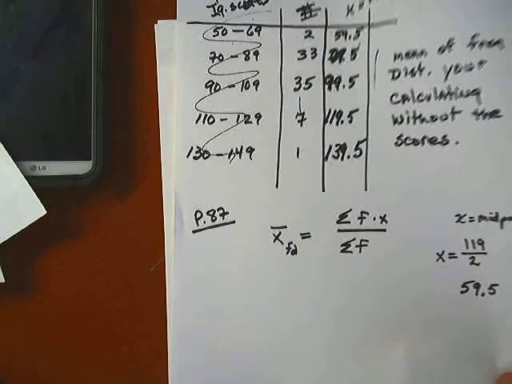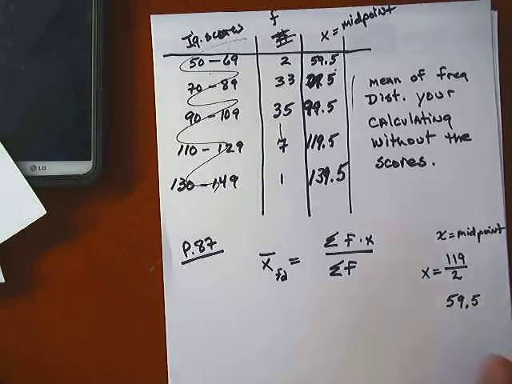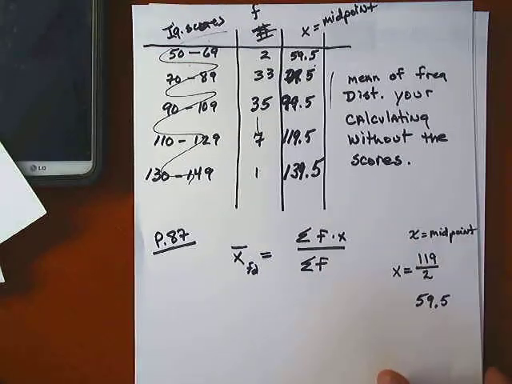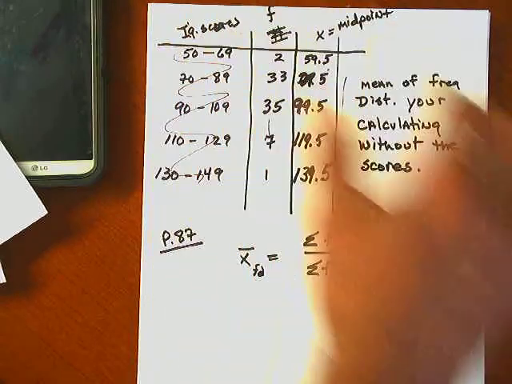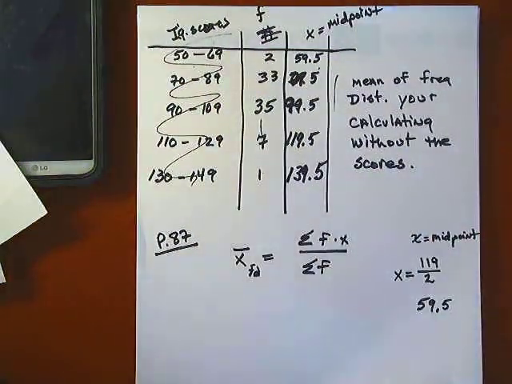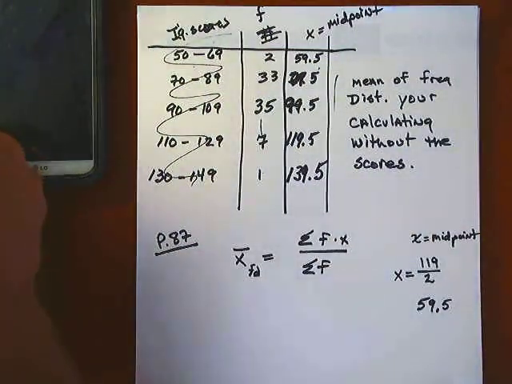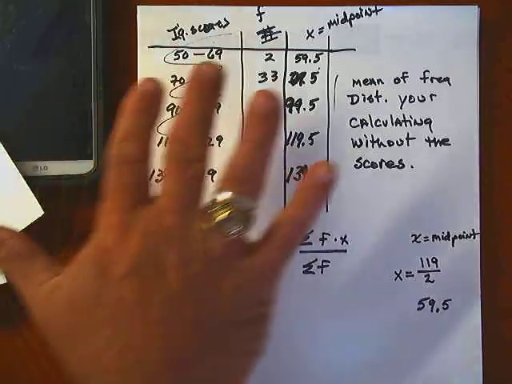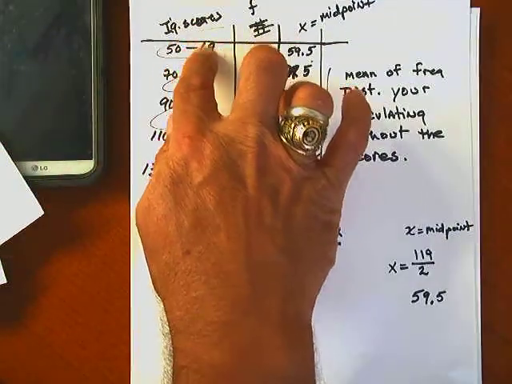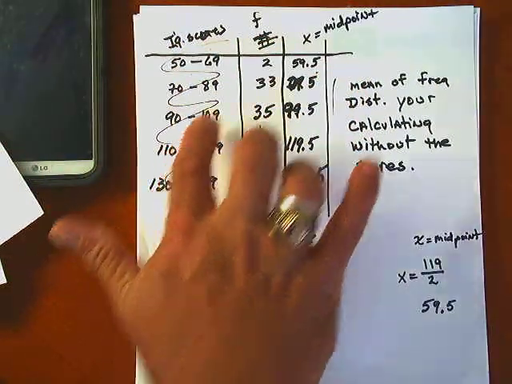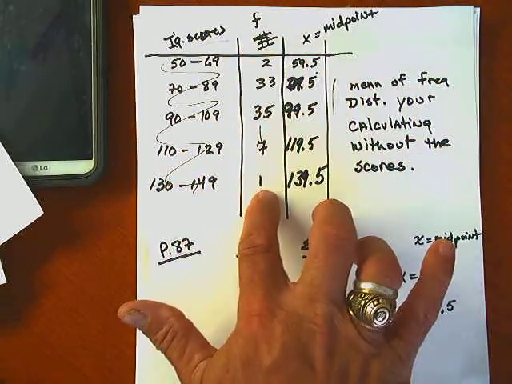There's the midpoint, and it's in here somewhere. Range, mean. Well, I thought I had it. Okay, here it is. I think this is it. Yeah, that's it.